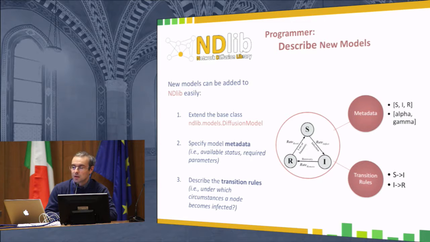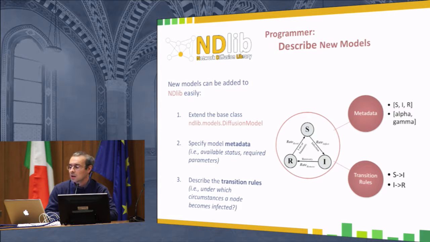For instance, the most complex model that we have implemented so far is an opinion dynamics one developed by a research group at the CNR of Rome. It's a very complex opinion dynamics model that is controlled by about 15 variables. It's coded in at least 15 lines of code, so it's a very compact and simple way to define models.